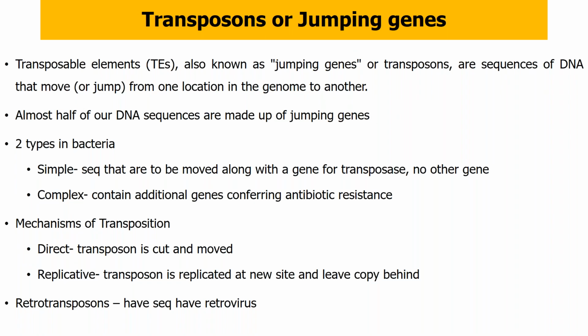They are sequences of DNA that move or jump from one location in the genome to another. Almost half of our DNA sequences are made up of jumping genes. That is, they can move from one particular position to another.